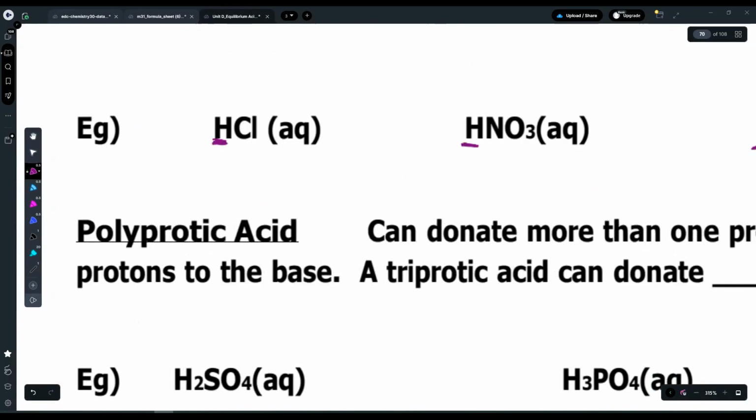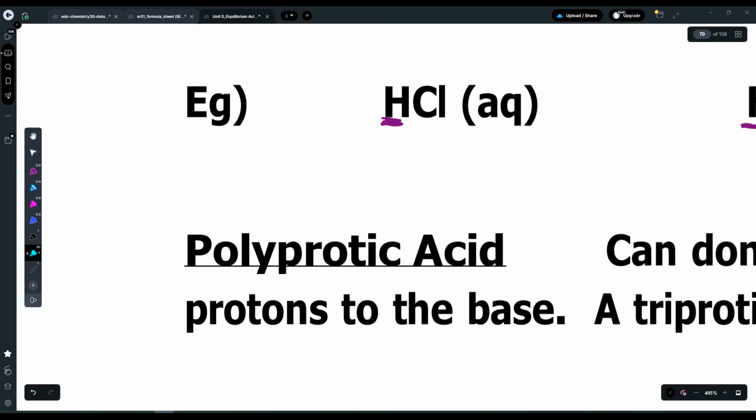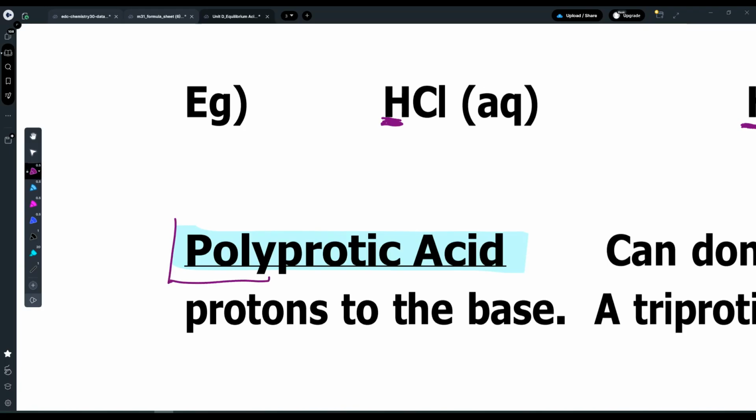Now for polyprotic acids, you're going to need to know the definitions of monoprotic acids, polyprotic acids, monoprotic bases, and polyprotic bases. If we break down the words polyprotic acids the same way we did for monoprotic acids, poly just means two or more.